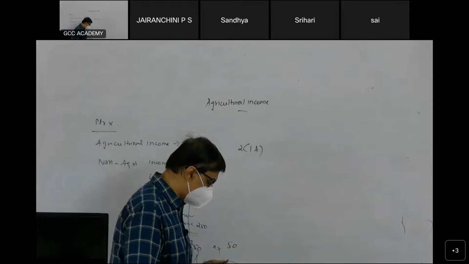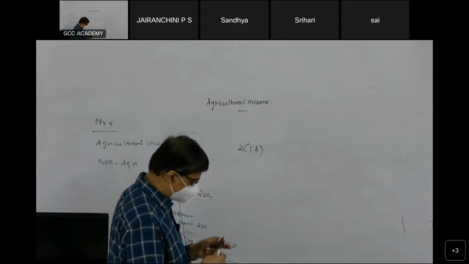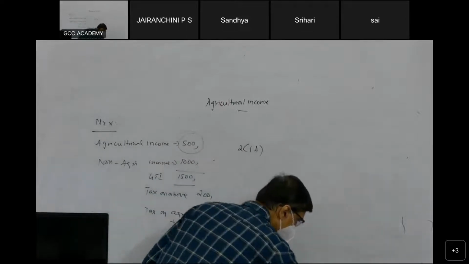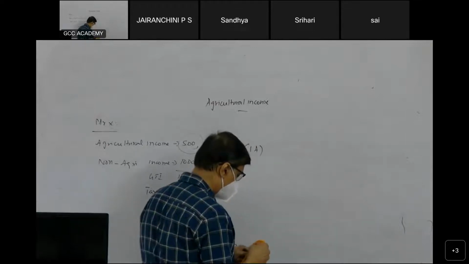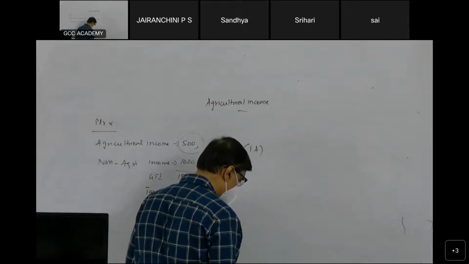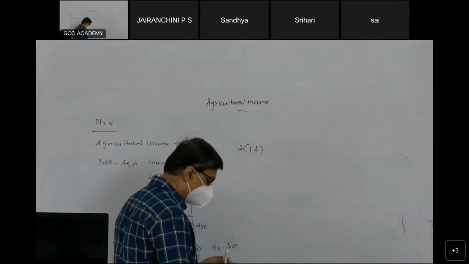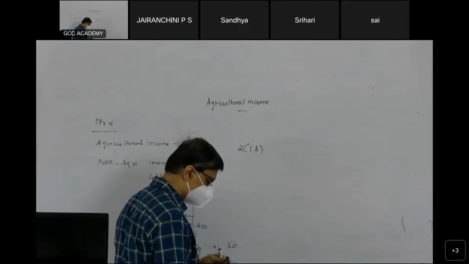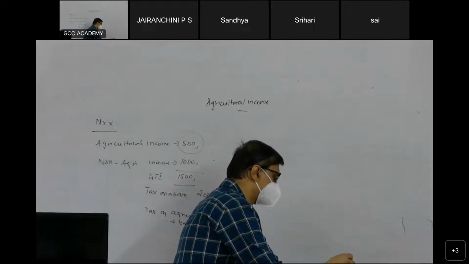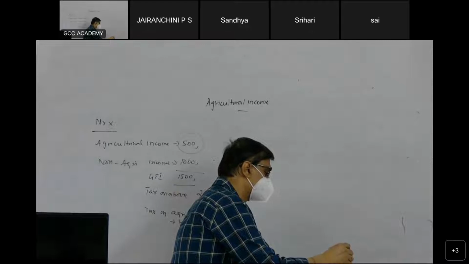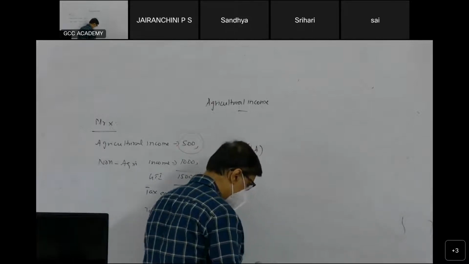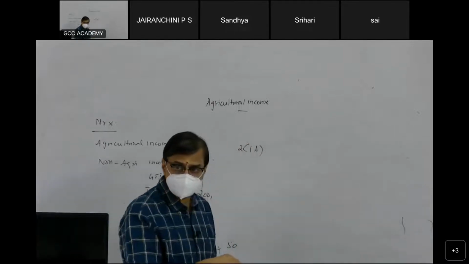So according to section 2(1)(a), any rent or revenue derived from land which is situated in India. Very important. Underline the words situated in India.